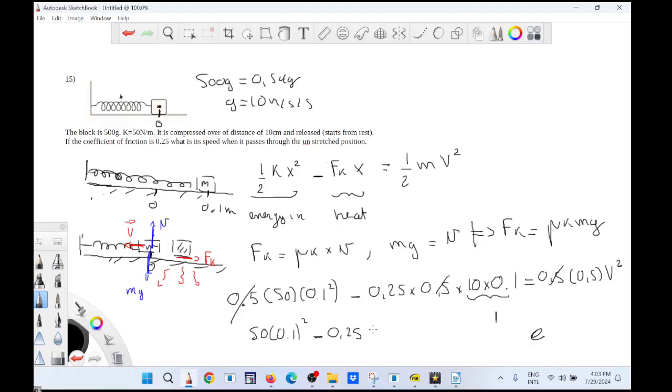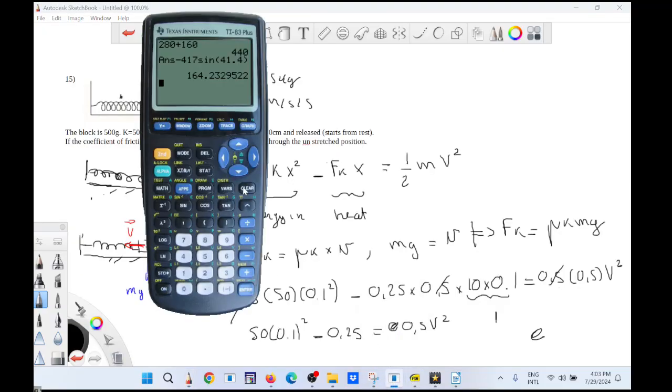0.25 equals 0.5 v squared. And you get 50 times 0.1 squared minus 0.25, and you divide by 0.5, and you get 0.5. Did I square it here? Minus 0.5.